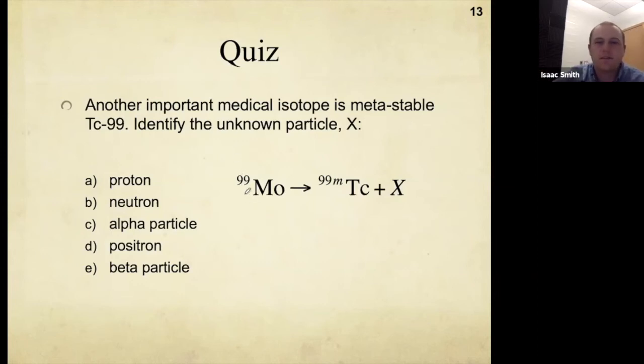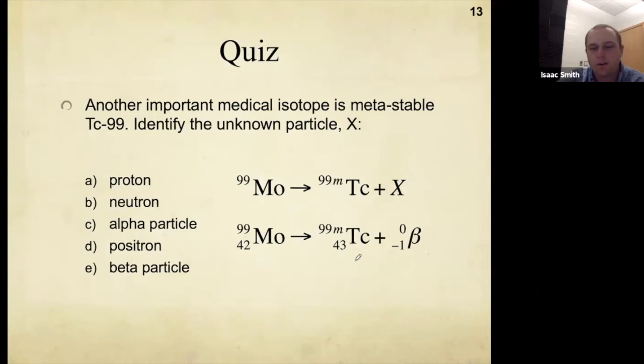All right, so in order to answer this question, we would need to look up the atomic number for Mo and the atomic number for Tc. Okay, so you'd look on the periodic table and find what those numbers are, and you'd get 42 and 43. So that would just tell you that your mass is staying the same, right? So your particle is going to have a mass of 0.